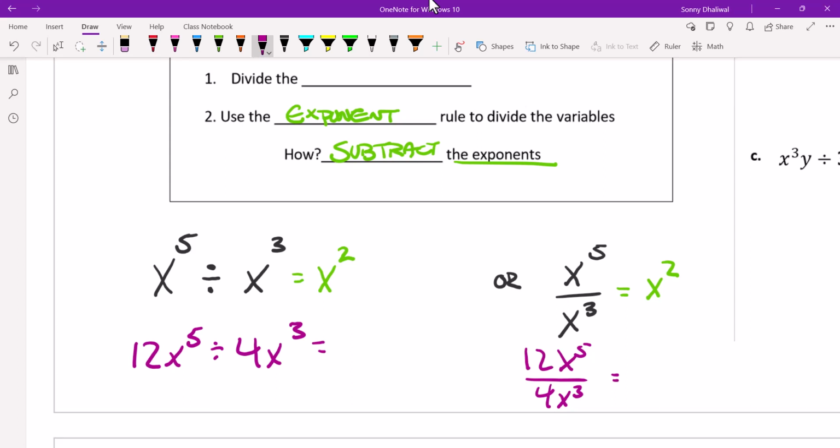What do we get? Would it be 8x²? The x² part I agree with. What do we do with the coefficients? We're not subtracting them. Oh, you divide. Yeah, you do the math operation. It says to divide. So you divide. 3, right? So we divide the coefficients. So that's the last little part of the notes.